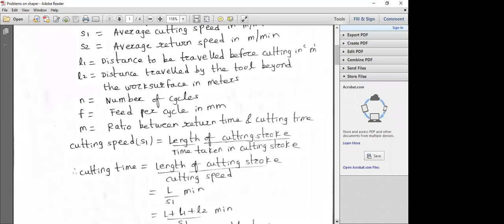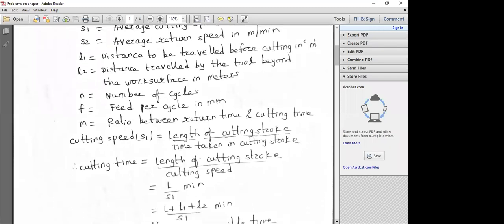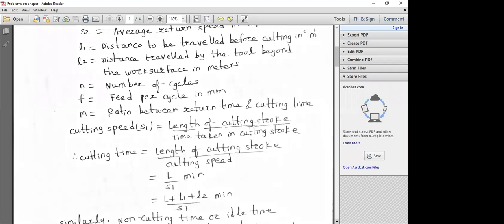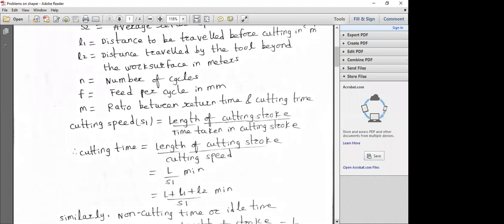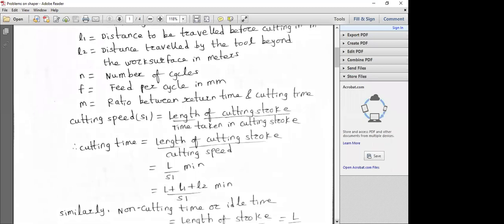S1 is the average cutting speed in meters per minute, in the forward direction. So what is L by S1? What is L? L is equal to l plus L1 plus L2. Observe the derivation: l plus L1 plus L2.